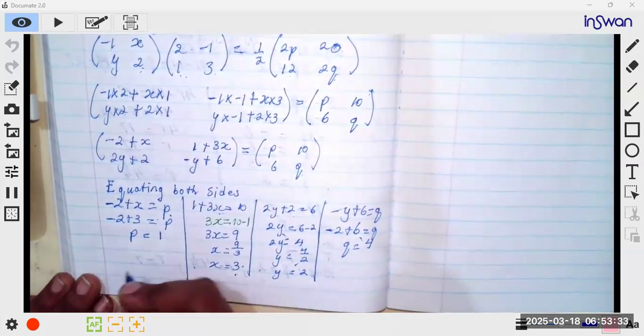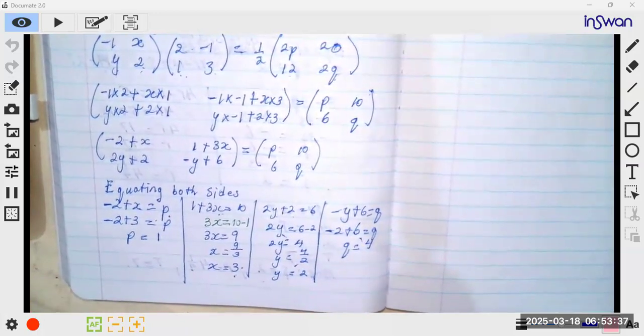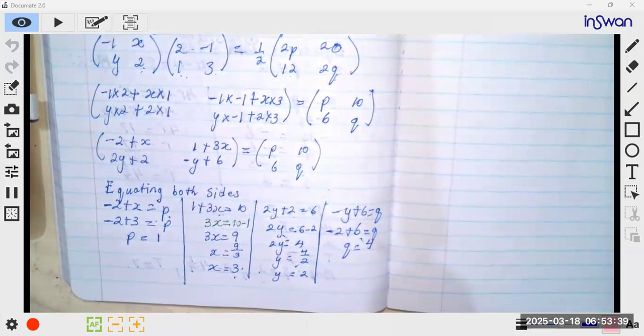So the answer: p is 1, x is 3, y is 2, and q is equal to 4. So questions concerning this?